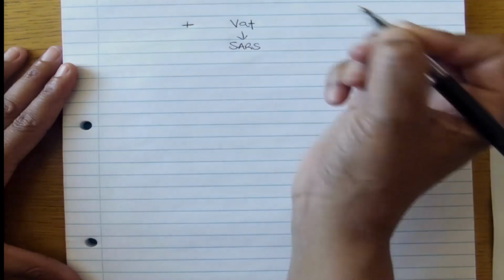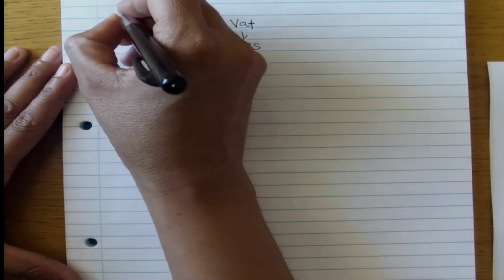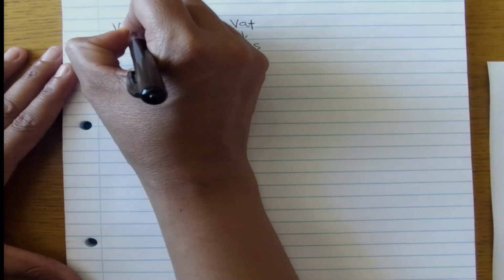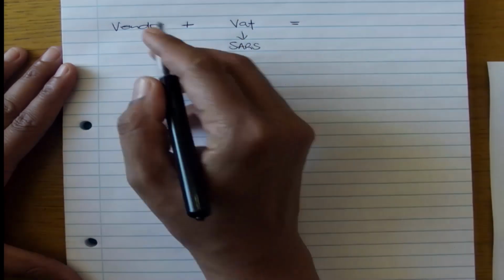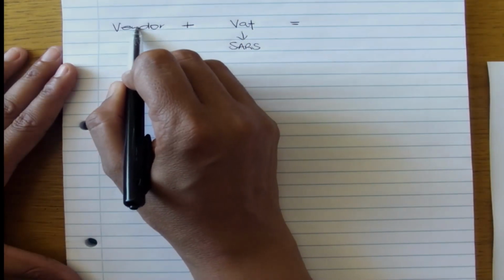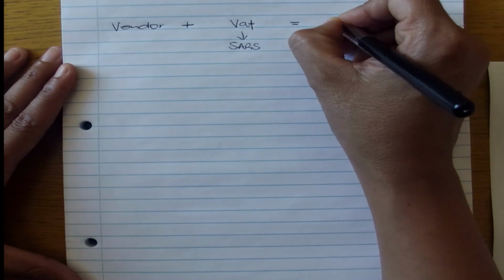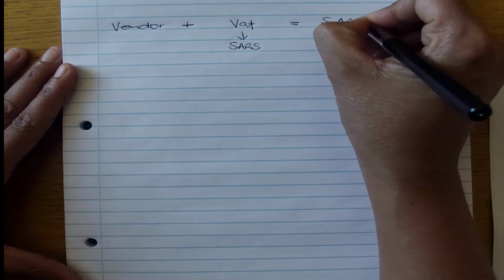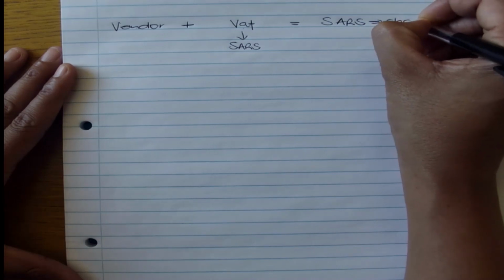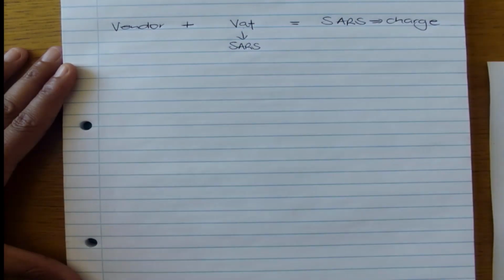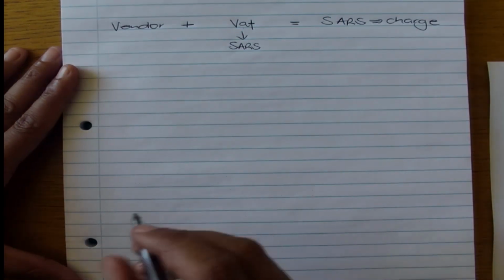So we're going to say this is your amount. You are the vendor, right? This is the amount you charge, and then this is the 15% that you pay SARS.